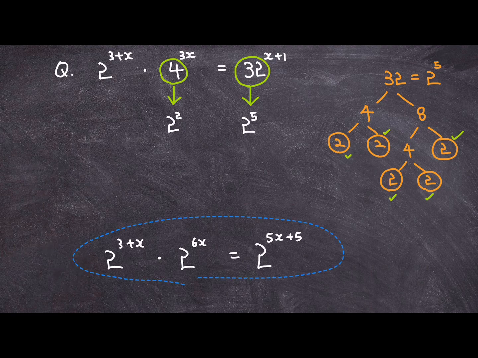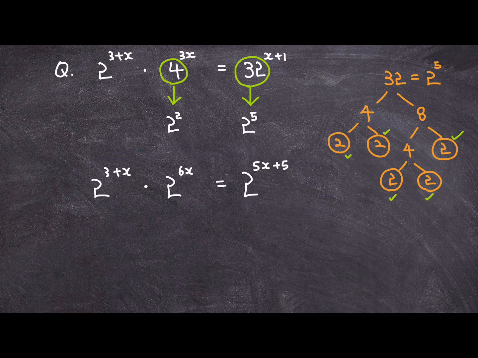Now that I have this, it's going to be much easier. To solve this, I need one more rule of exponents, and that is if you have x raised to the power of a multiplied by x raised to the power of b, it's equal to x raised to the power of a plus b. Not a times b, it's a plus b.